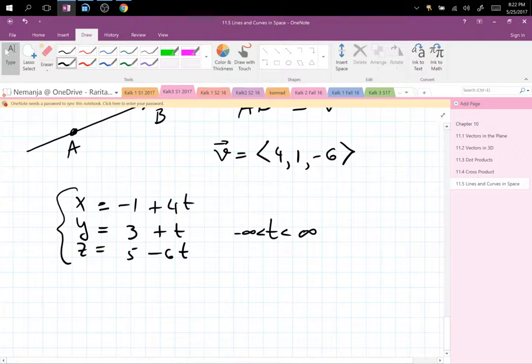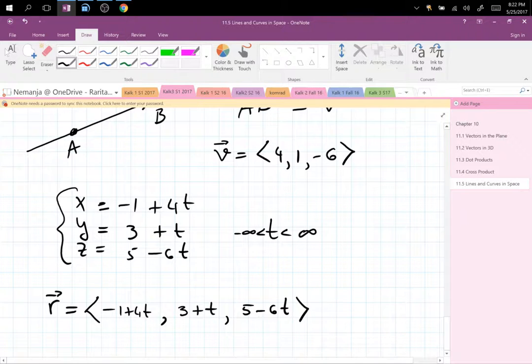Now, you can also write this as a vector valued function, because we know straight lines are functions. And you can write it as negative 1 plus 4t, comma. There we go. So now it's clear that this set is the parametric set of equations.